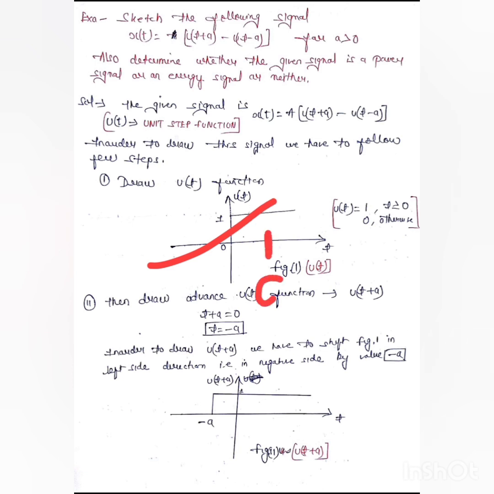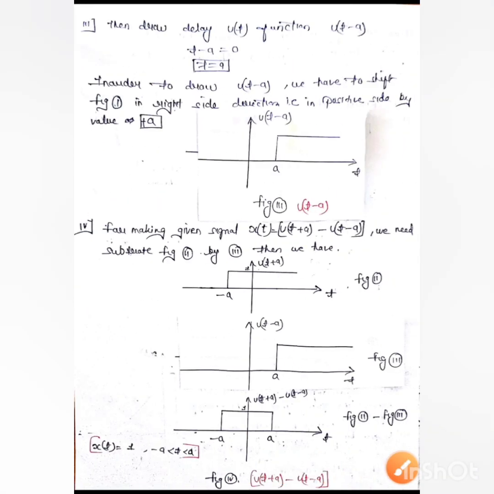So this is our u(t) function. Somewhere we have positive value a. So in order to make u(t-a), we simply shift our value, the value that starts from 1, toward a in case of the u(t-a) function. Here we have the diagram. This is the value a. We simply shift our figure to the right side by the value a, having the magnitude 1.